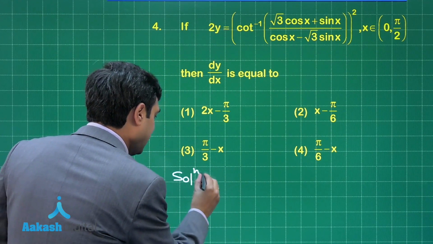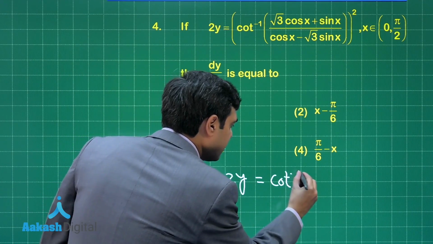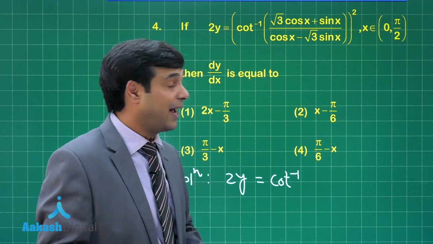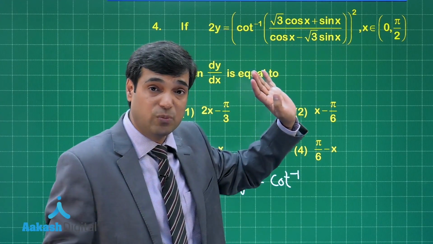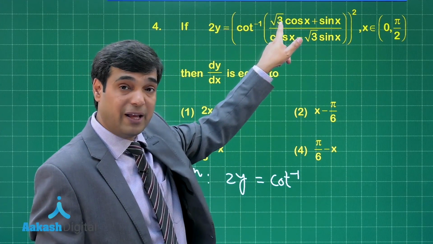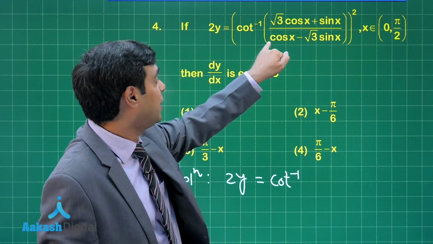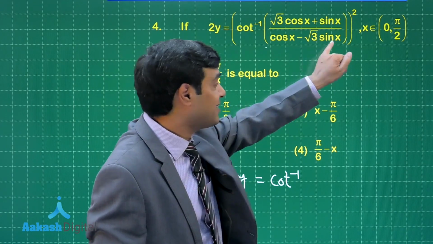2y is given to me as cot inverse. If I divide numerator and denominator by 2, I can see this is root 3 by 2 cos x plus half sin x in numerator, meaning I can read it as cos x cos pi by 6 plus sin x sin pi by 6. Similarly, in denominator, sin pi by 6 cos x minus cos pi by 6 sin x.